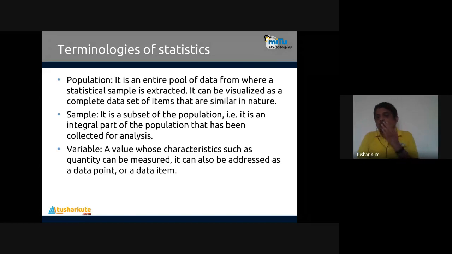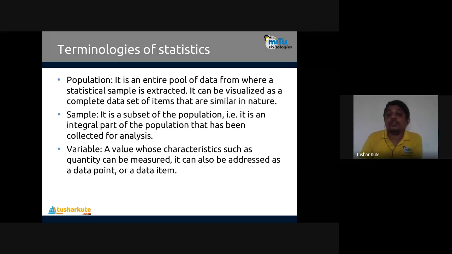Remember, before the vaccine was released, it was experimented on different kinds of people, the sample they had taken, and they checked whether it was working perfectly or not, and what the plus and minus points were. Using those plus and minus points, the conclusions derived on the sample are applicable to the whole population also.